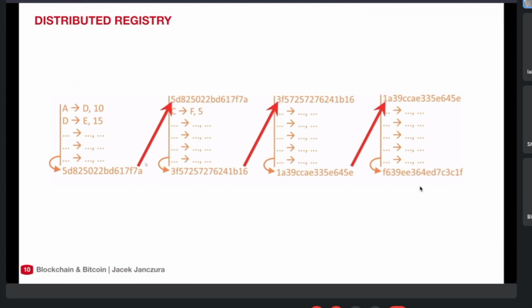Before the peer, the person who is writing down those transactions, adds a transaction to their block, they check if the person D actually had $15 on their account. If not, they just discard the transaction, because it means that D wanted to fake it.